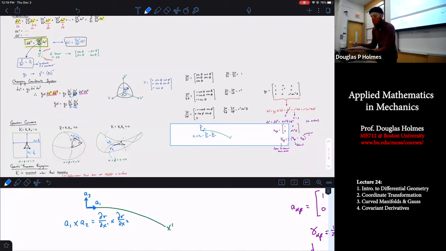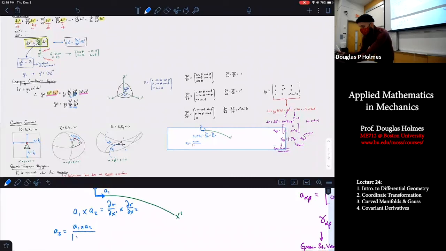So we need to actually say that our unit normal would be this cross product over its norm. So A1 cross A2 over the norm of A1 cross A2.